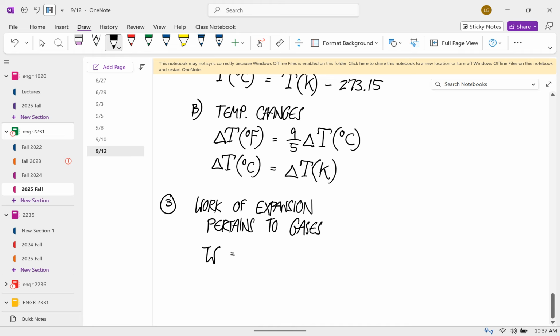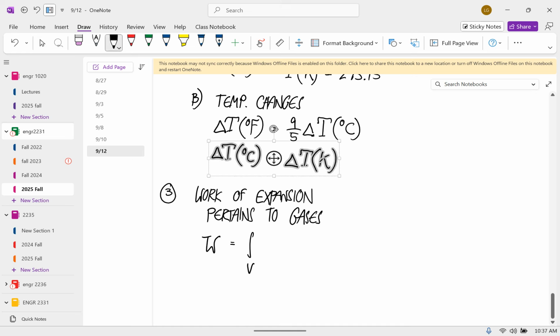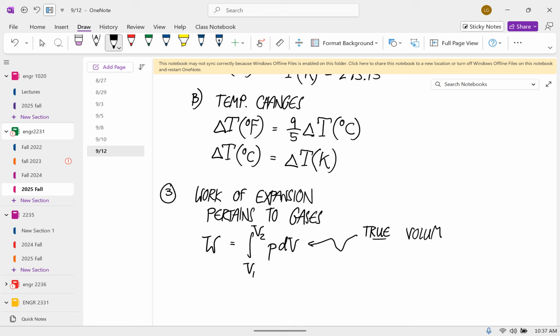But the work is equal to the integral from the initial volume to the final volume of P d volume. Notice this is the true volume, not specific volume. So if you're given volumes as specific volumes, you have to convert that.